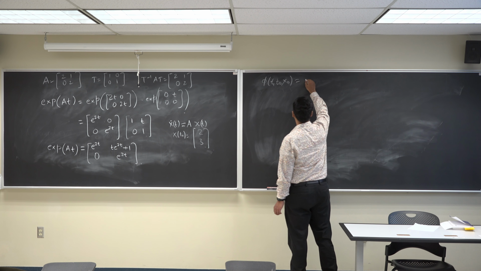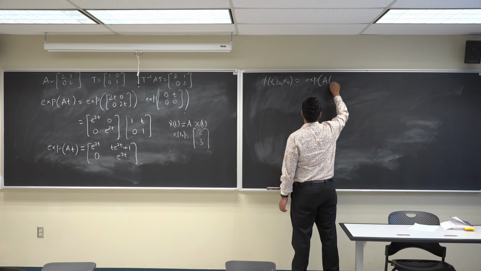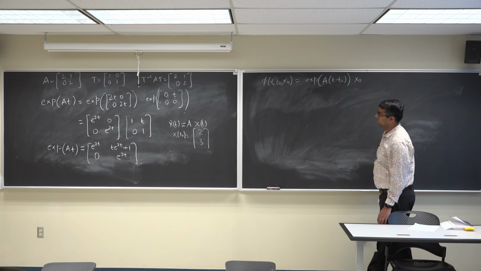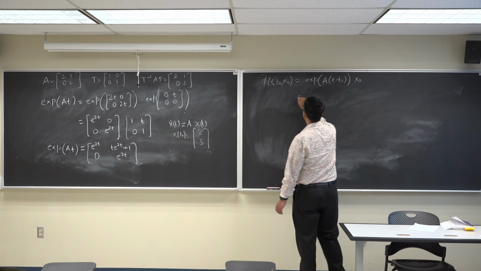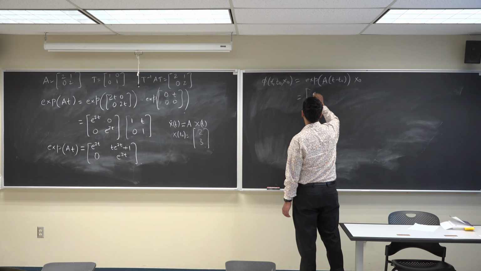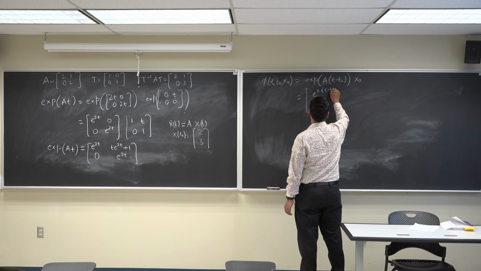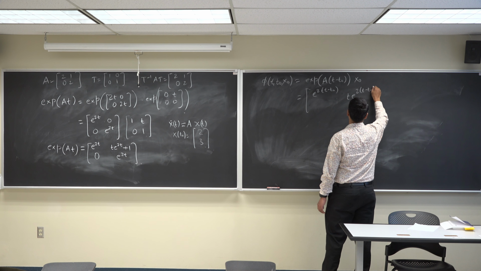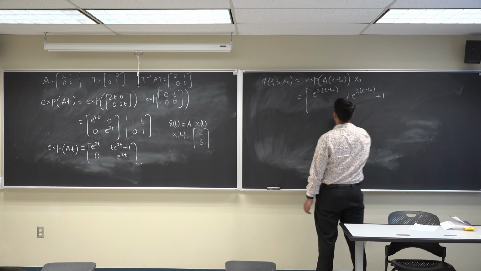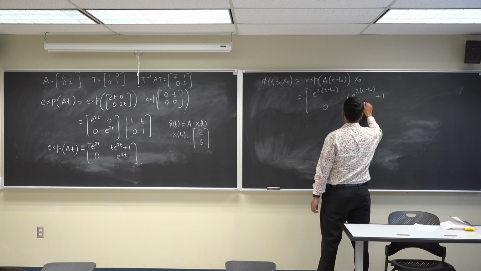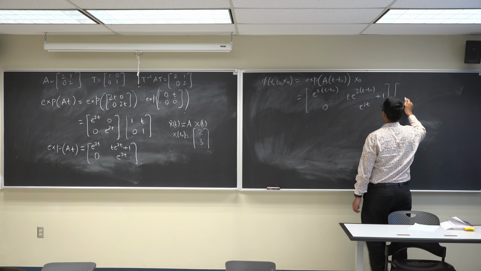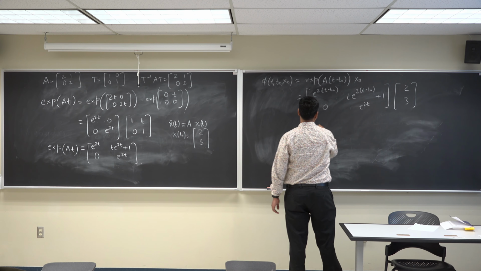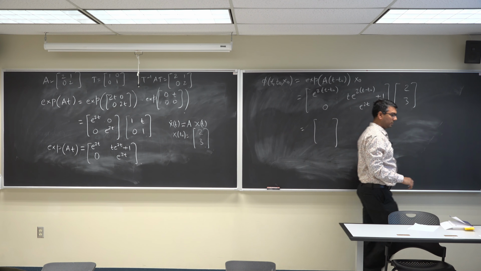That would be exponential of A times t minus t naught, times x naught. Whatever that number turns out to be.